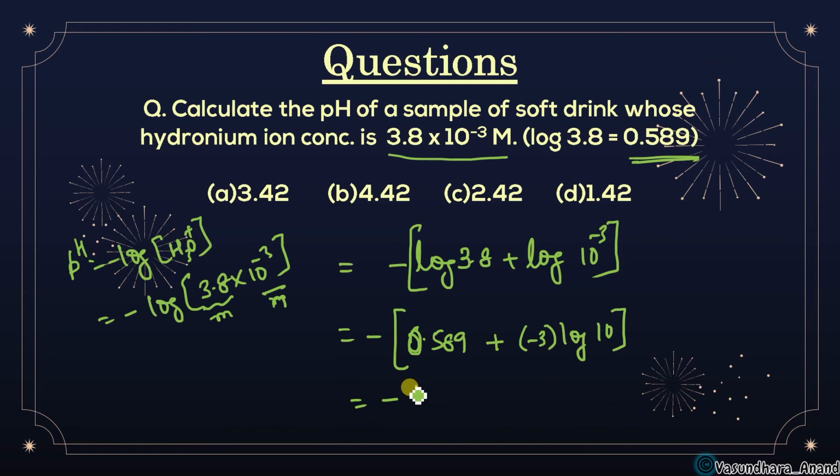So minus 0.589, and this is minus minus, plus. So 3 log 10 is equal to 3. So just subtract it and you'll get 2.411. So this is the pH. Any doubt?